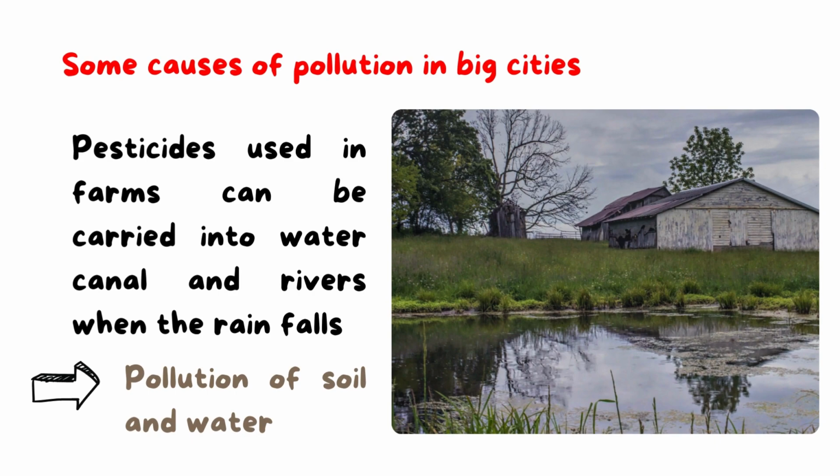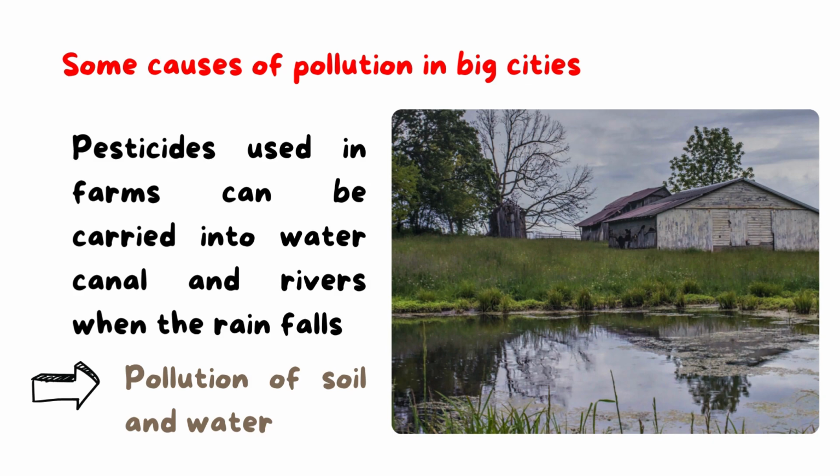And these pesticides used in farms can be carried into a water canal or river when the rain falls. When the rain falls on the farm, it carries these pesticides in the water to the canal and river, and this causes pollution for the soil and water.